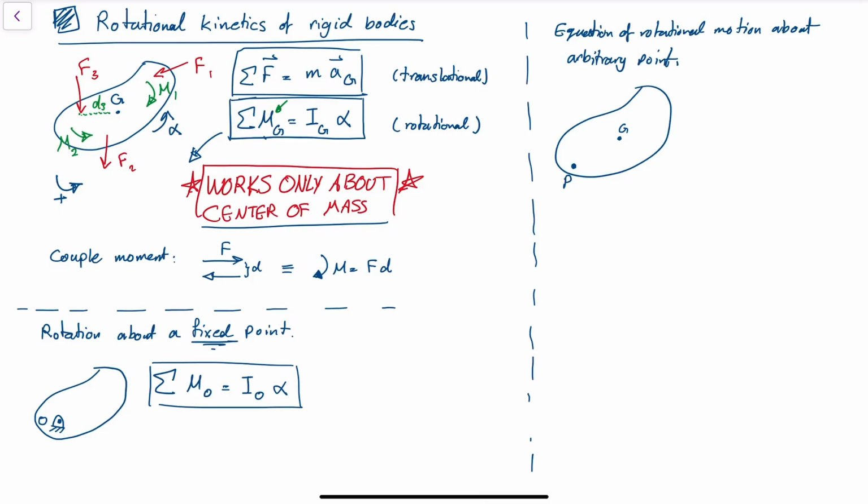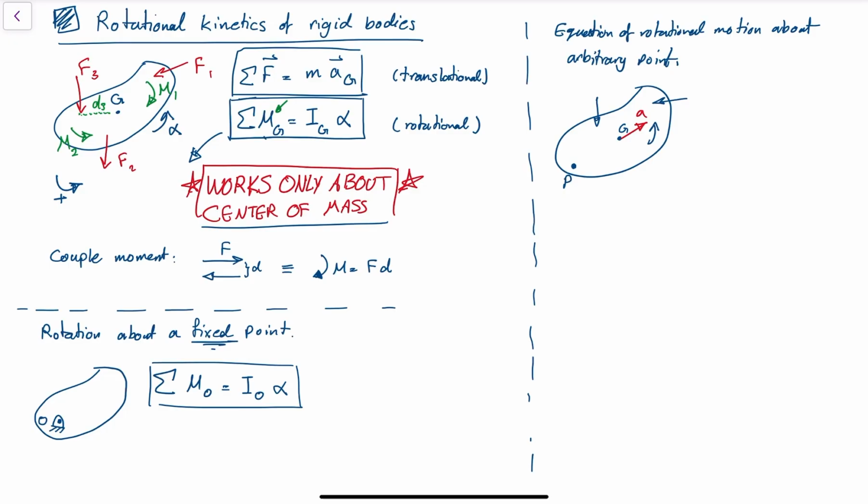In this case, the easiest way to think about it: if you have a whole bunch of forces and some moments on this body, note that the rotational effect of these must first of all rotate the body and also create these accelerations of the center of mass too.